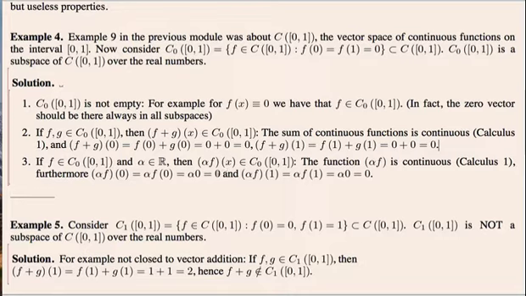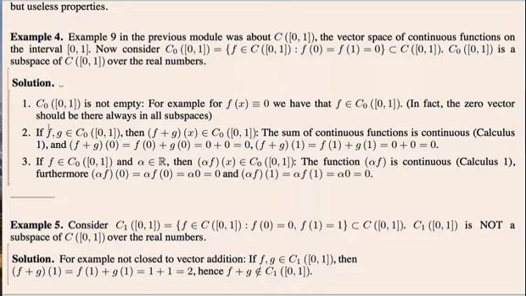But f of 0 is 0, since f is supposed to be in C0. And when we multiply any number alpha by 0, you get 0. Similarly, alpha times f at 1 is 0. So the three properties hold. That means C0 is a subspace of all the continuous functions C.